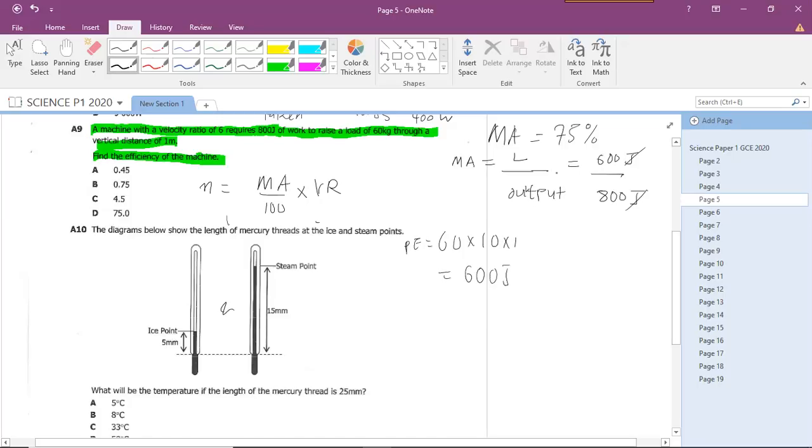So 600 joules divided by 800 joules, we get 0.75 as our mechanical advantage. So we substitute it there: 0.75 divided by 100 multiplied by 6.